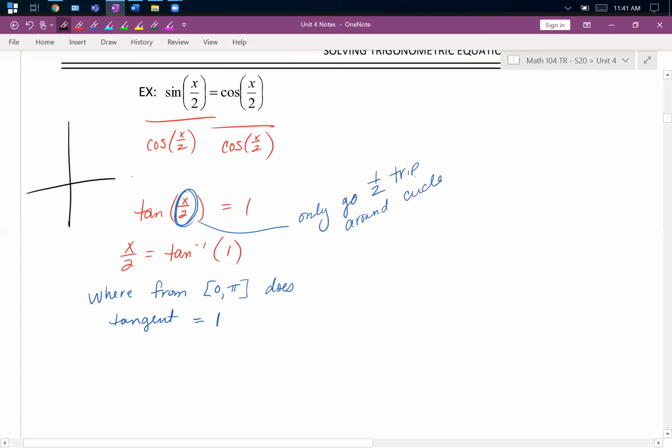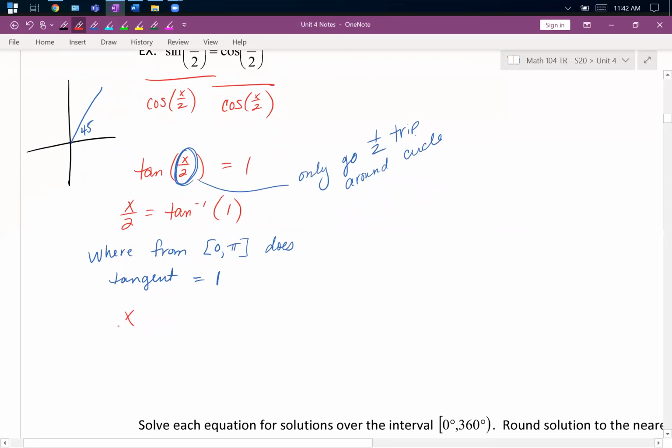Oh, tangent is positive in only the first and third quadrant. And since our argument is x over 2, we're only going halfway around the circle, so that would only give us the one in the first quadrant. And tangent is 1 when we have a 45-degree reference angle.